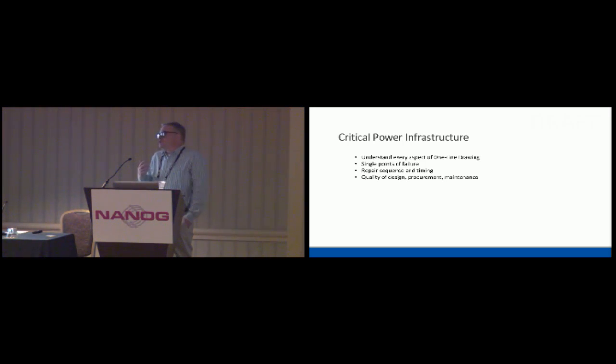The generator just will not run for that period of time in most cases. So in that case, you're looking at scenarios where you're bringing in additional generators on trailers, and you're getting into very complex switching to keep the data center moving. So understanding that repair sequence and that timing behind any points of failure is really critical.